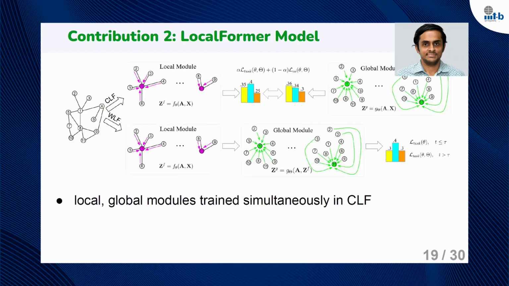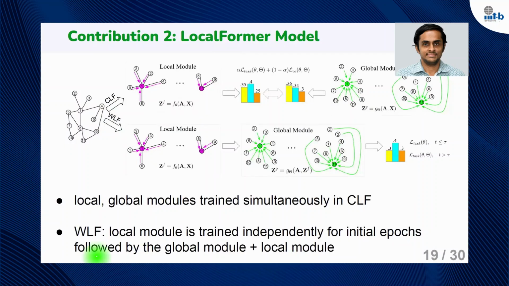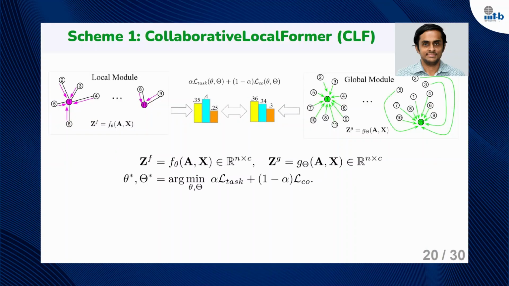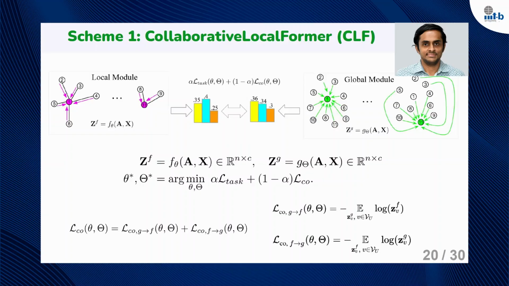Local and global modules are trained simultaneously in CLF, which is collaborative LocalFormer. And in WLF, the local module is trained independently for initial epochs, and then we introduce the global module. So there is joint training after this warm-up phase. These are some of the details of the two training schemes. I'm not going to get into the details in the interest of time.